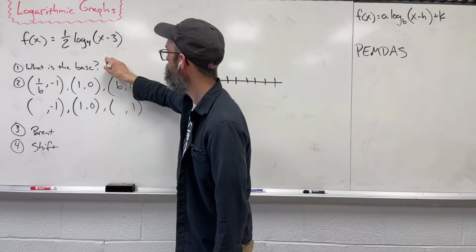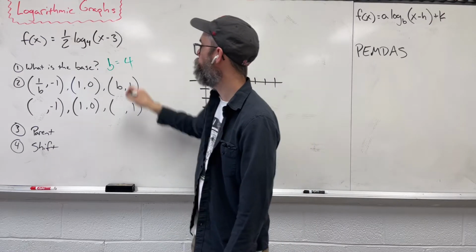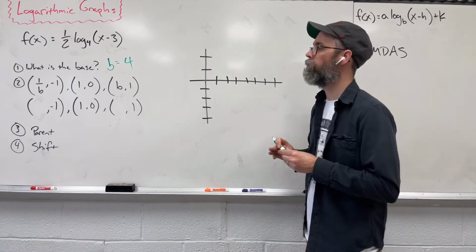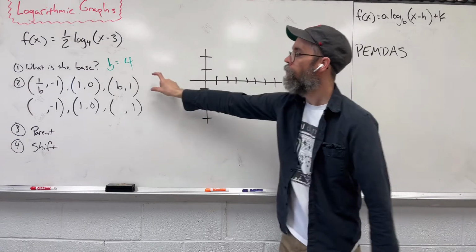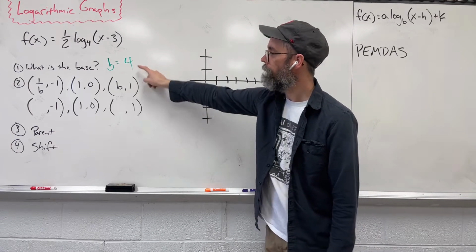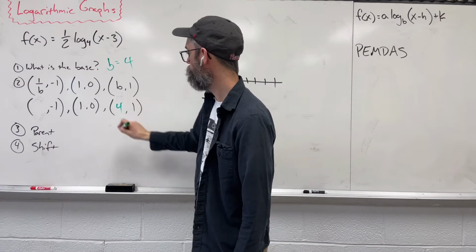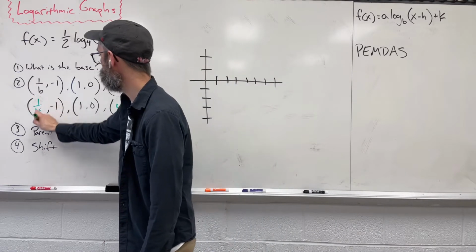So what's my base? B equals 4. We're going to continue starting this off like we would any kind of more simplified version of this. We have our 3 coordinates. Let's take this 4, drop it in its 2 places, and we're going to say 4 comma 1 and then 1 over 4.